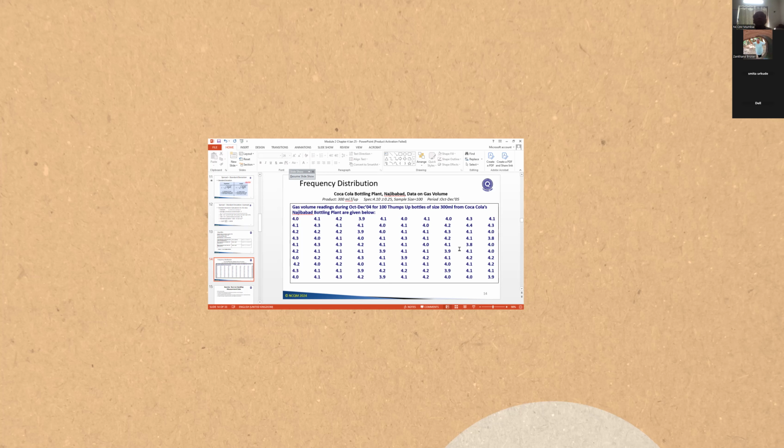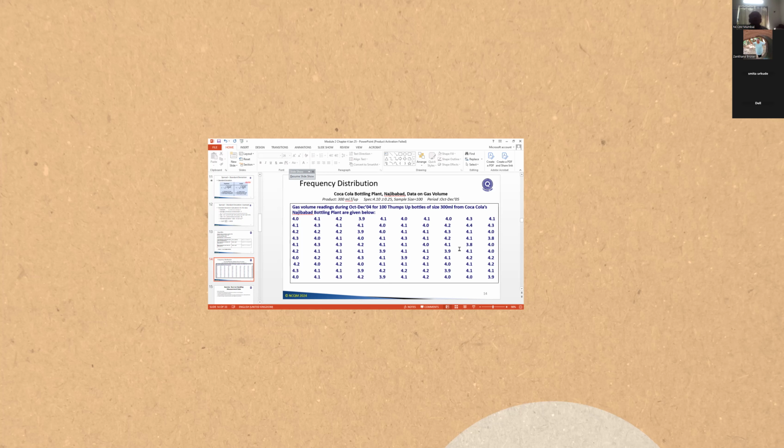The gas volume in the 300 ml soft drink, per bottle, is given here. Specification is it should be 4.10 plus minus 0.25. A sample of 100 bottles was collected for the period October to December 05.